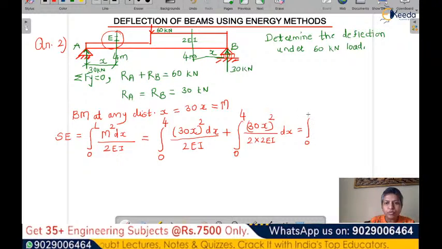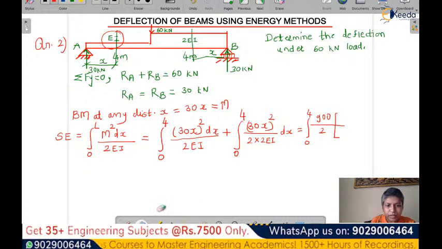So 0 to 4, 30, this is x square, so it will become x cube by 3. 30 x square, sorry, so it will become 900. 900 divided by 2 into, then we will write here x cube by 3.